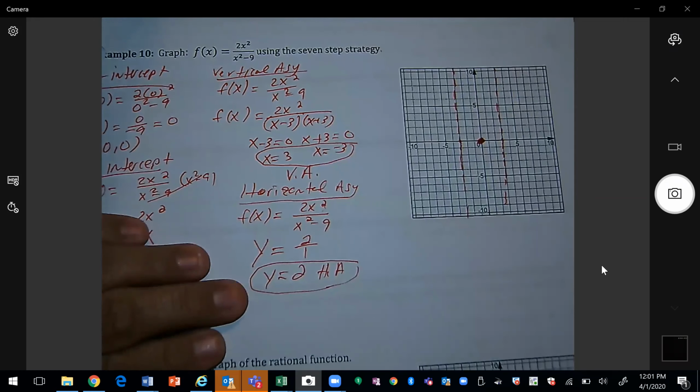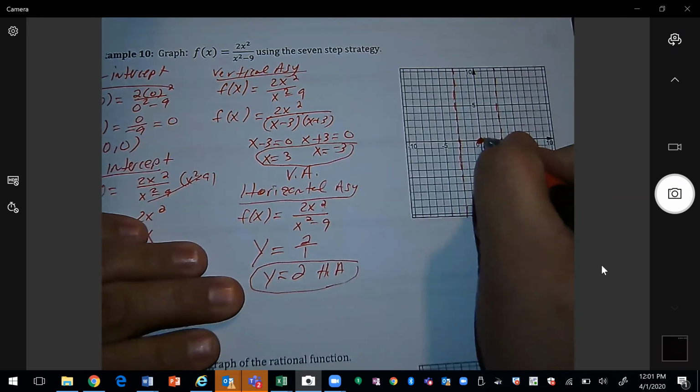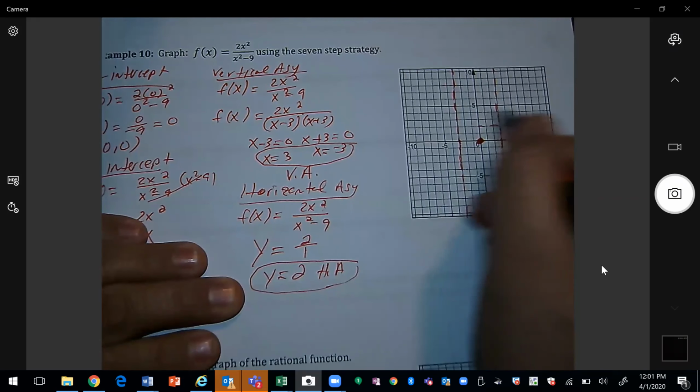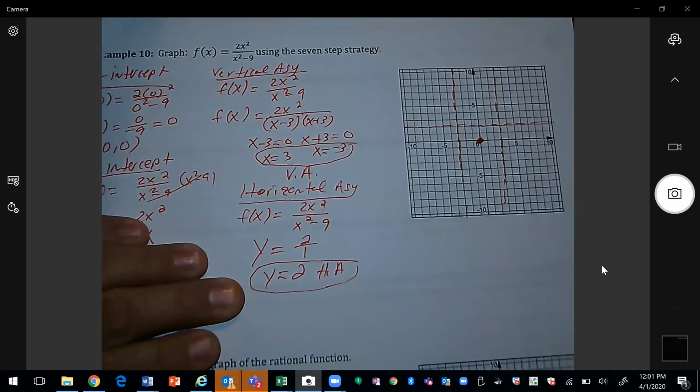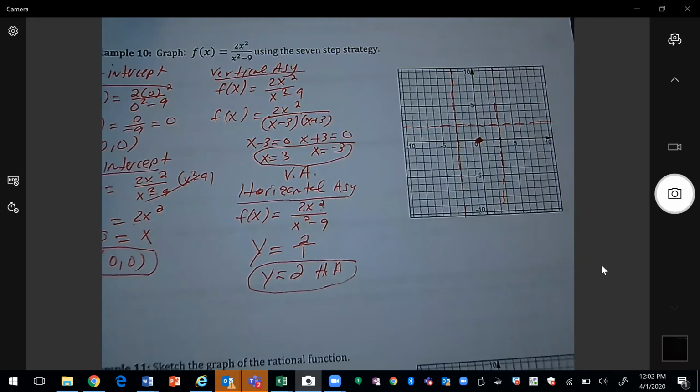And then the horizontal asymptote is y equals 2. And so I only have one dot at one point, and that's it. So what we want to do is figure out some more points.